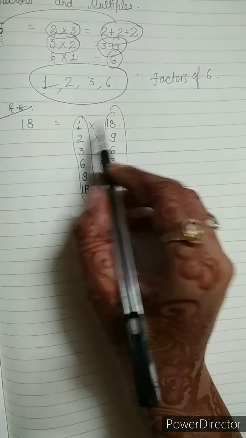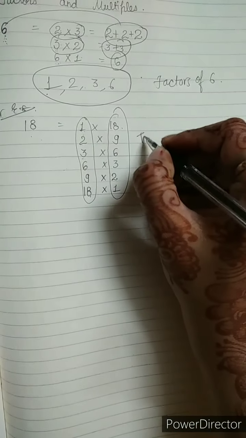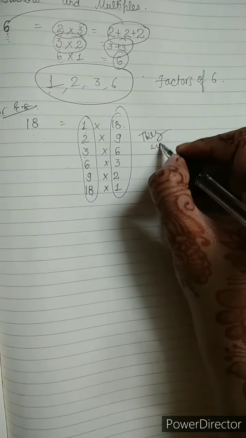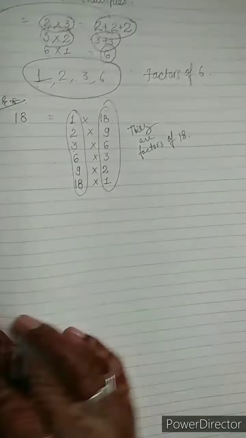When you multiply 1 and 18, you will get 18. So they are factors of 18.